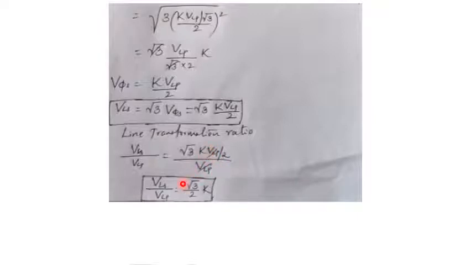Then finally the line transformation ratio VLS divided by VLP equals root 3 divided by 2 times K. So this is the relationship between the secondary line voltage and the primary line voltage, and the line transformation ratio, secondary to primary. It can be shown here. Go through the phasor diagram, and from the phasor diagram you are supposed to write the expressions. Then you will get these two relations.